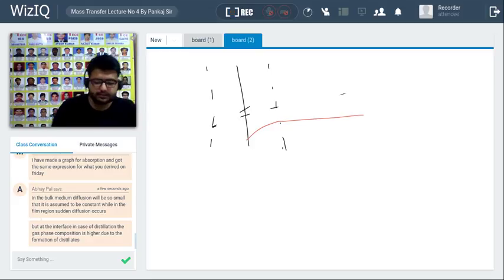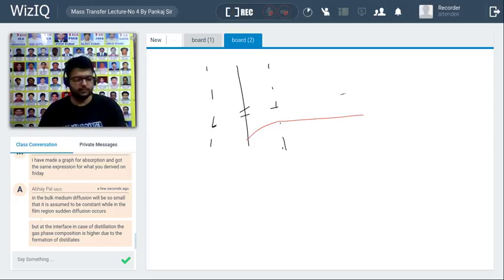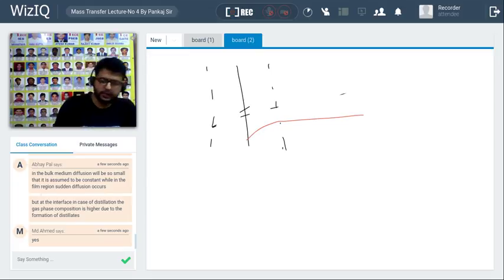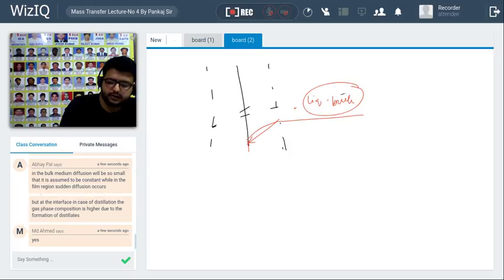It was like this. Right or not? Yeah. It means this is the liquid bulk. Now, in order for a molecule to move from bulk to interface, there had to be a concentration difference. Okay. So that's why XA was more and XAI was less.